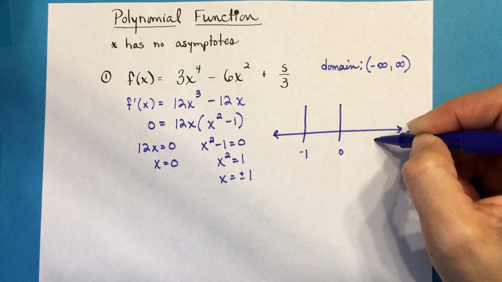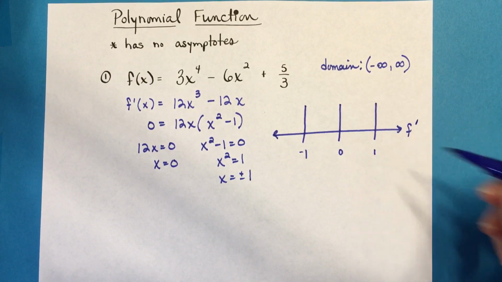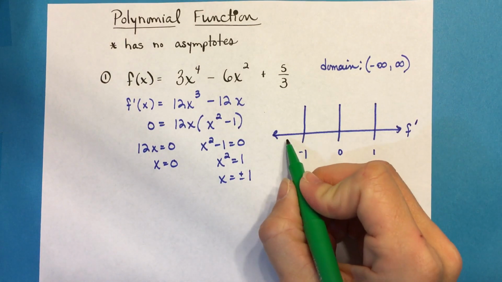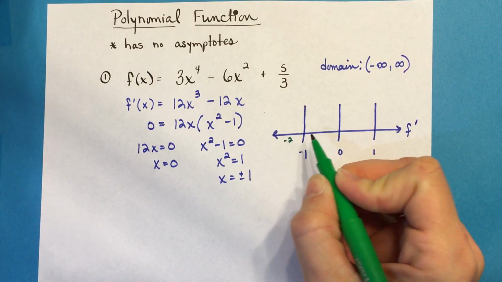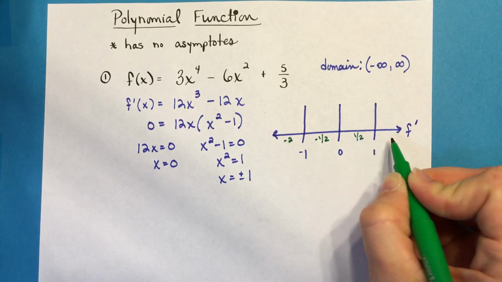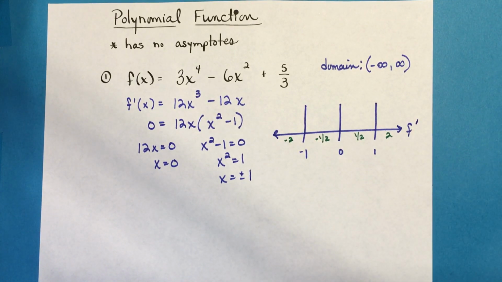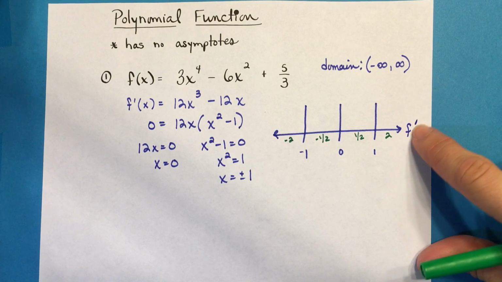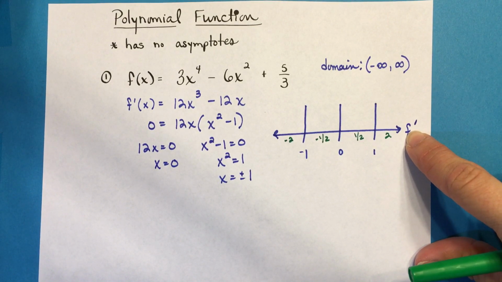0, and positive 1. I need to pick a test number in each of those sections. Like I could use negative 2, negative 1/2, positive 1/2, positive 2. Now you need to substitute these test numbers, remember, into your first derivative. That's why I have the f prime labeled over here.